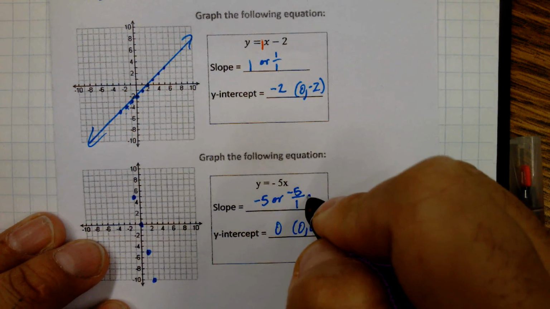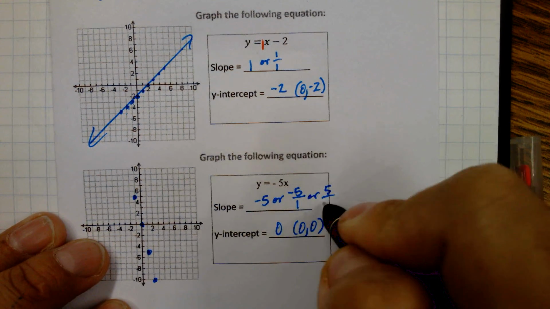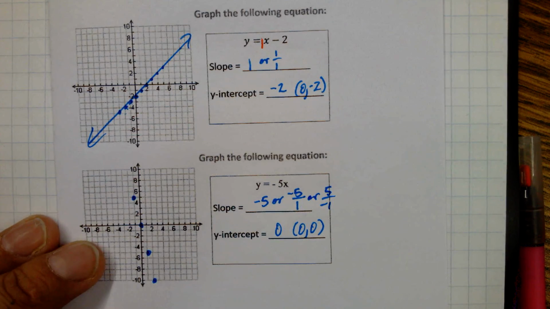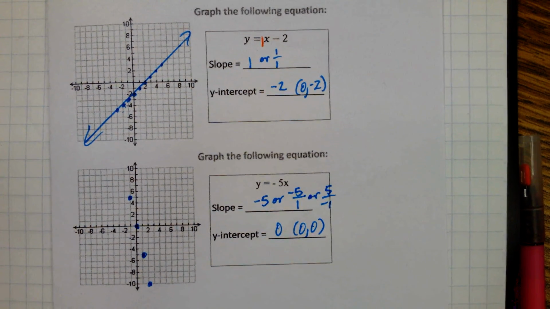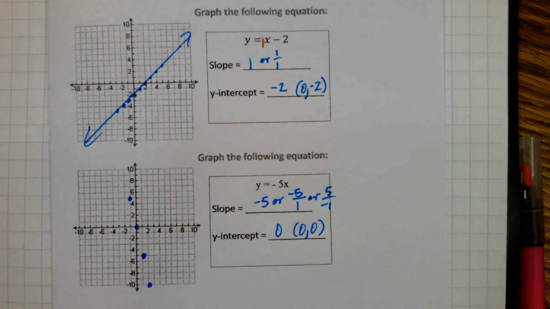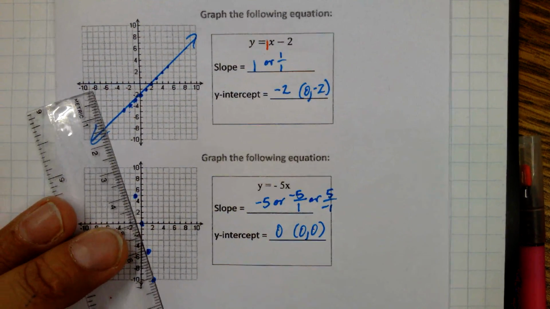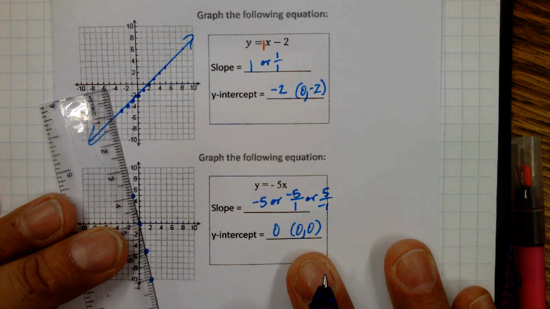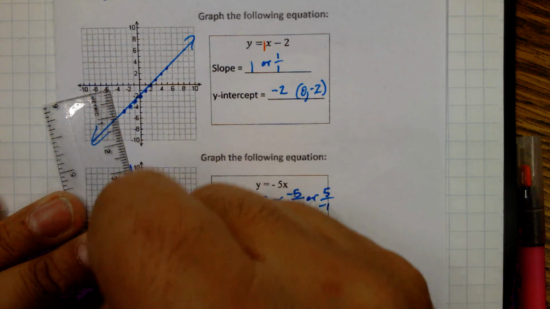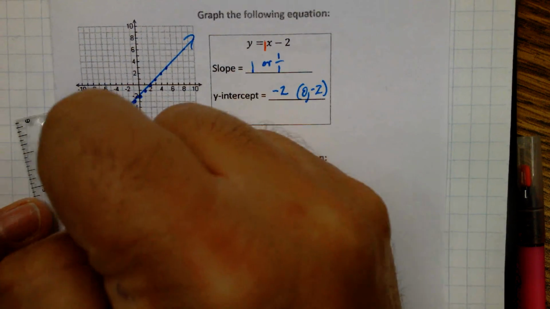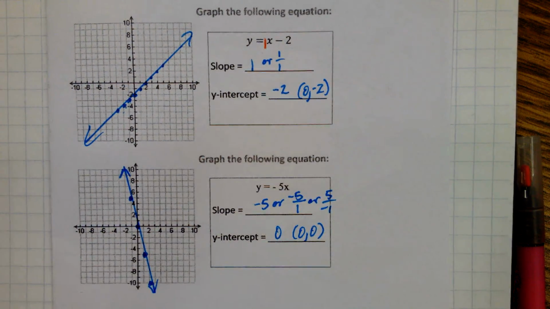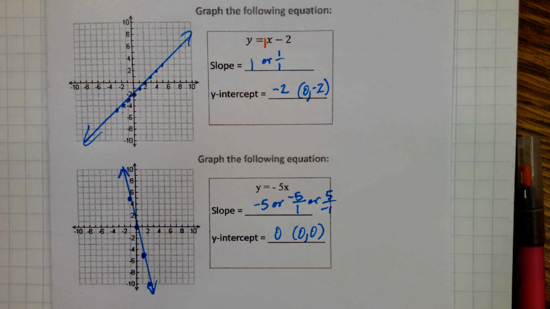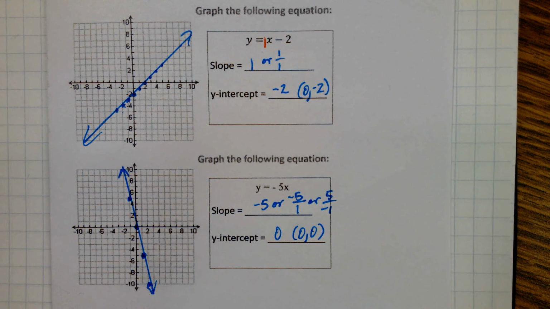Basically what I did there is 5 over negative 1. Well, now I got 4 points. All I need for the graph. Make my line. Now, I just wanted us to practice graphing. Usually 2 is enough, but we needed the practice.